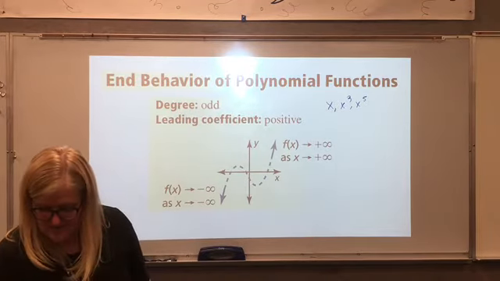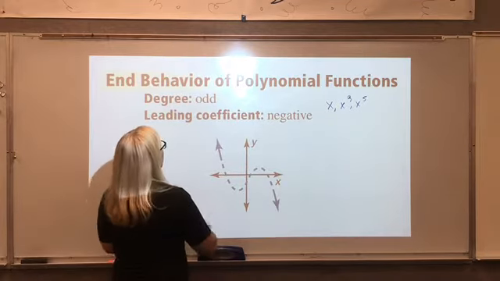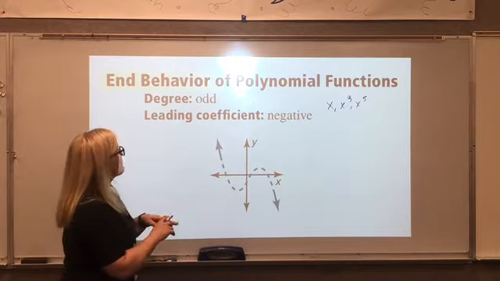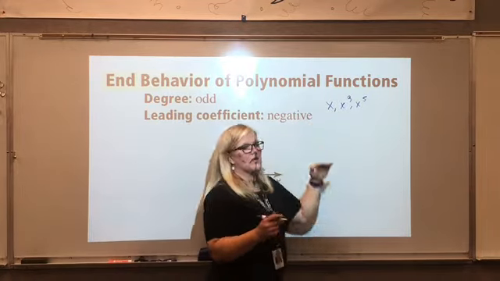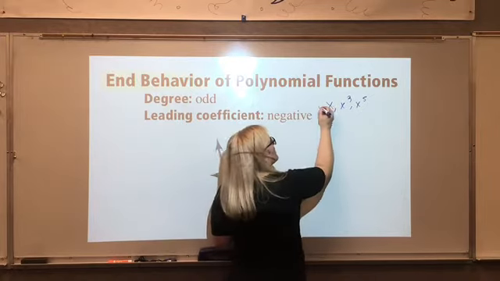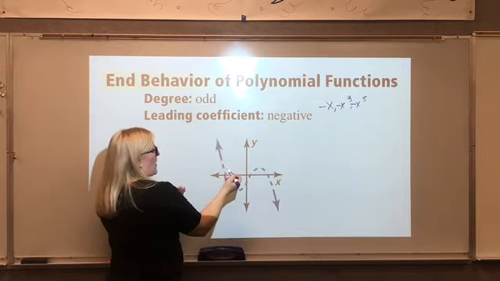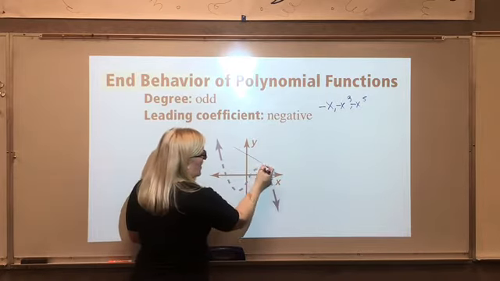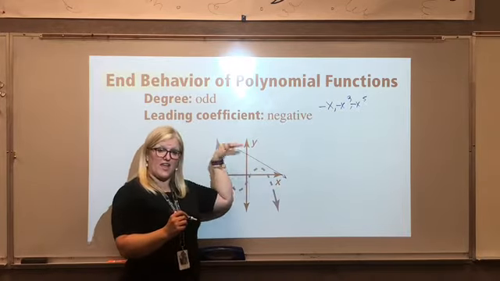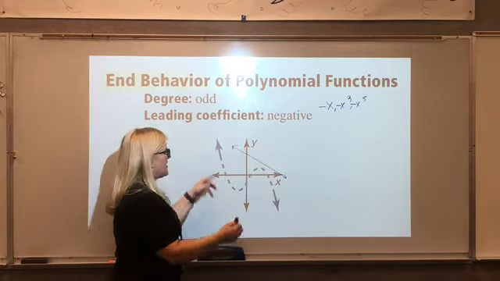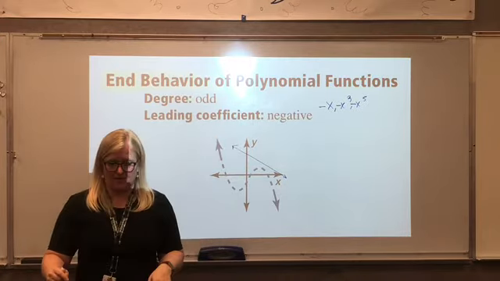All right, next. Next we have the same thing. This is a polynomial of odd degree, but this is if the leading coefficient is negative. So it's very similar, but like I said before, if this were a line, it would be coming down like this. And we know that the slope of that line is negative. So let's look at the very ends of what's happening.